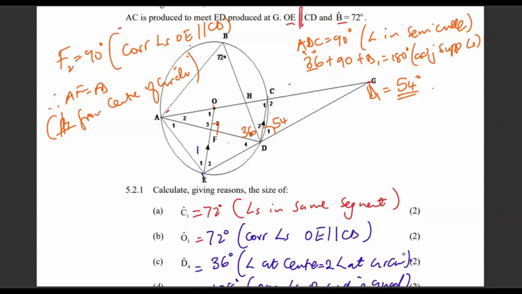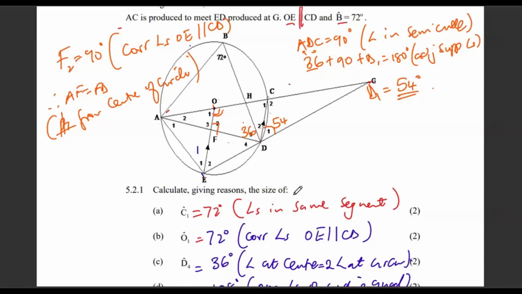OEDC. Okay, so we can just look at the opposite angles, or we can look for the exterior angle. Okay. So in this case, if I'm focusing on the exterior angle, then I'll need to look for what we are calling this side of O. I don't know if that's going to help me.